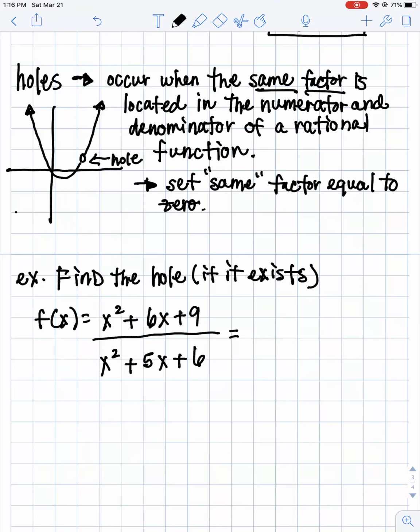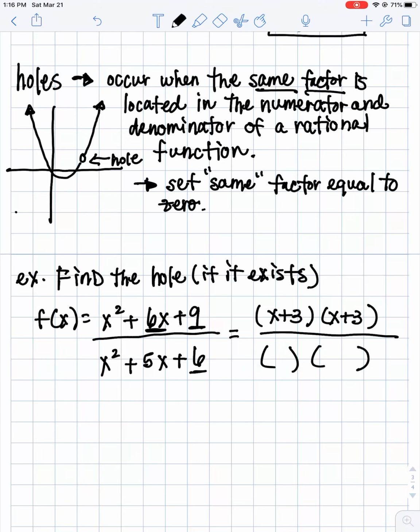Deliberately design this, so let's take a look. x squared plus 6x plus 9 and x squared plus 5x plus 6. Both of those quadratics can be factored. So if I factor the numerator, guys, and if I factor the denominator, so I need numbers that multiply to get 9 and add to get 6. So hopefully you realize that's x plus 3 and x plus 3. That's how the numerator factors. And the denominator, I need numbers that multiply to get 6 and add to get 5. So that's going to be x plus 3 and x plus 2.